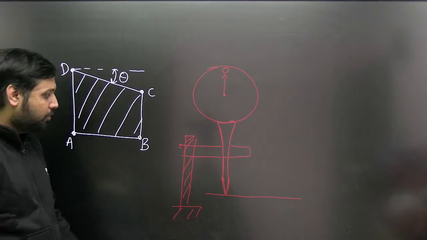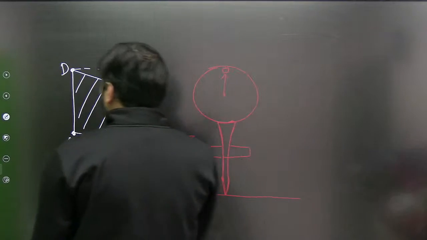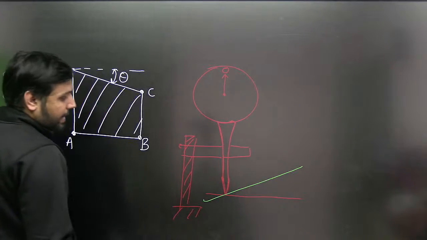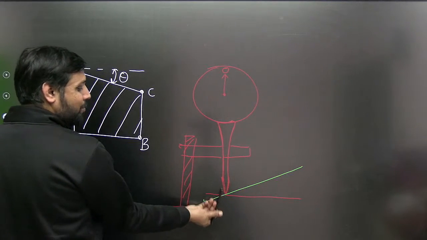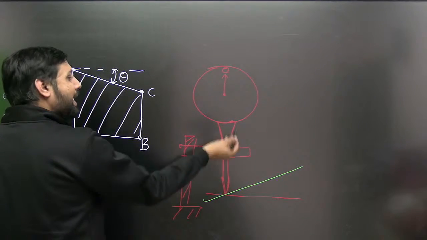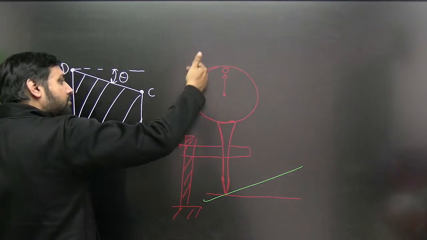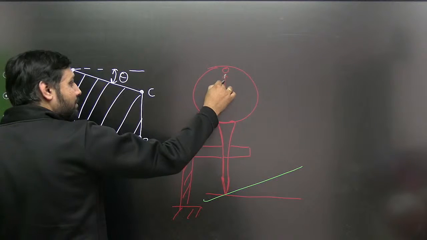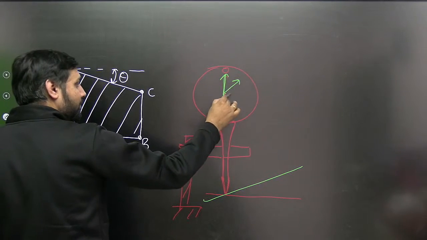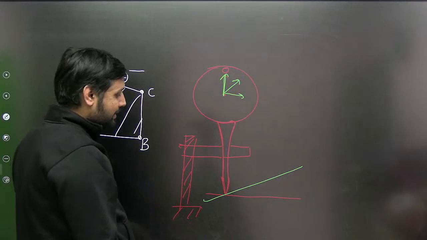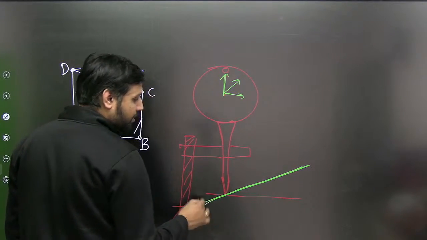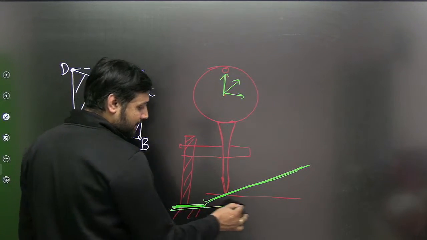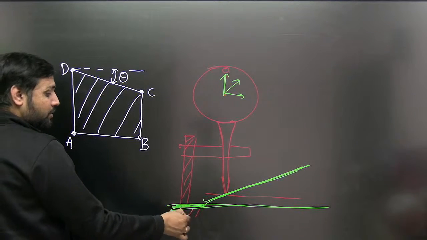But my dear, suppose there is a slope on the surface, and then you move the dial gauge. This pointer will be forced inside, and behind this dial there will be an arrangement of gears and springs, so that the needle will deflect from its position, and you will understand that this surface is not flat, or not parallel to the reference with respect to which the dial gauge is doing the measurement.